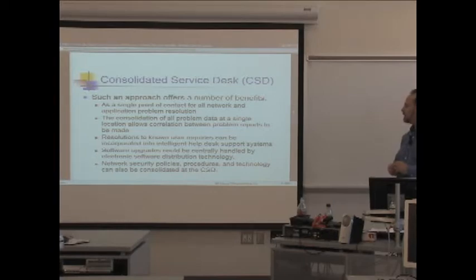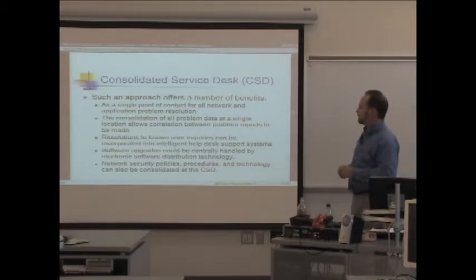So if I call one person and somebody else calls another person, those problems are in separate locations. Say a server went down, and different people, as they recognize that, start making calls into the tech support system. We want all those reports at one spot so that we can see what the issues are, and that they pertain to one specific issue.